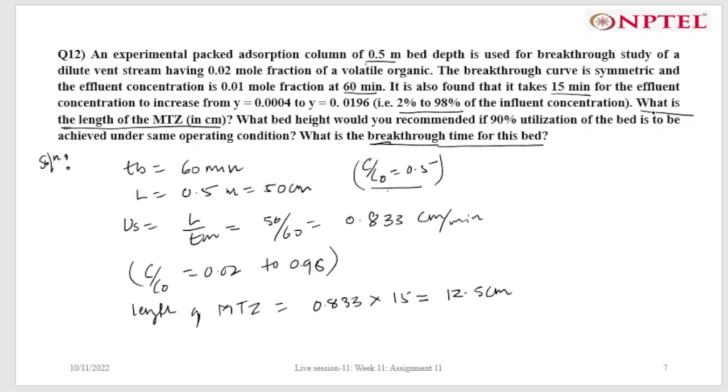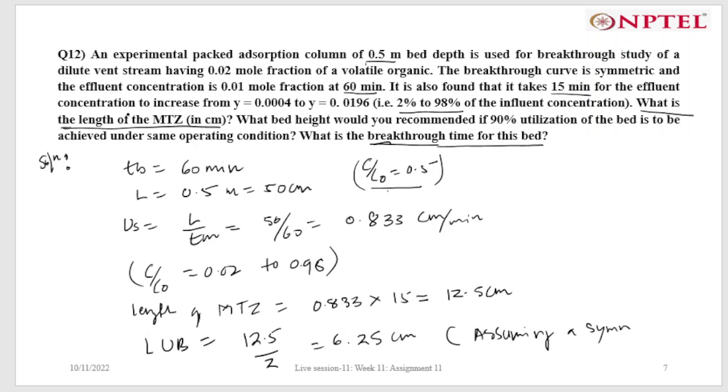So first we just calculated the length of the MTZ. Now the length of unused bed at the breakthrough, LUB, is 12.5 divided by 2, which is 6.25 centimeters, assuming a symmetric wavefront.